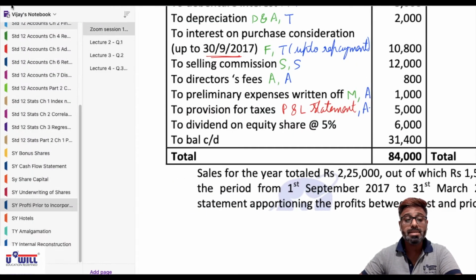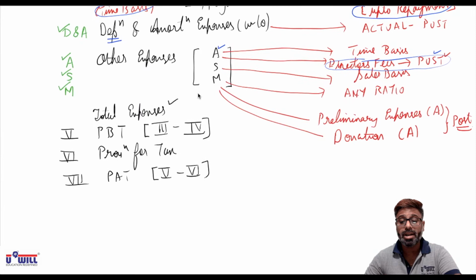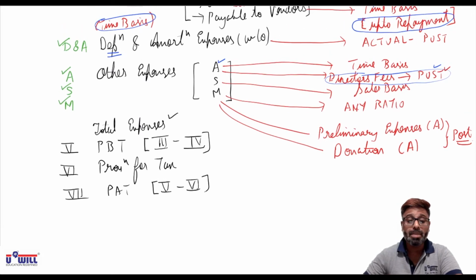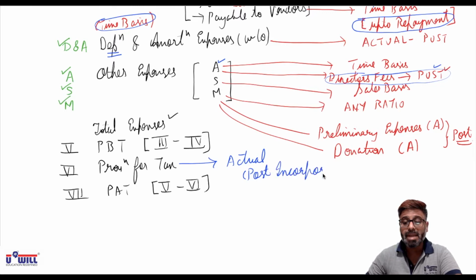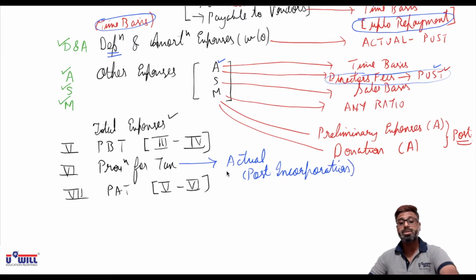What you can do is, in the summary, note down where you have written expenses and incomes, or in the P&L statement format. Provision for tax always goes on actual basis and only in post-incorporation period. Reason: provision for tax is made by a joint stock company, not by a partnership firm or proprietorship firm.